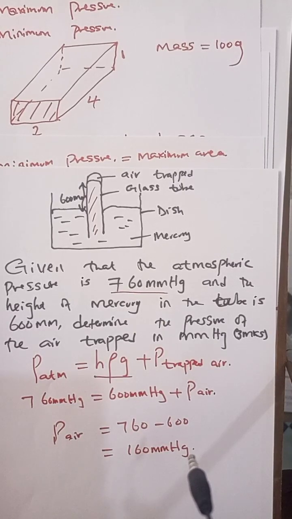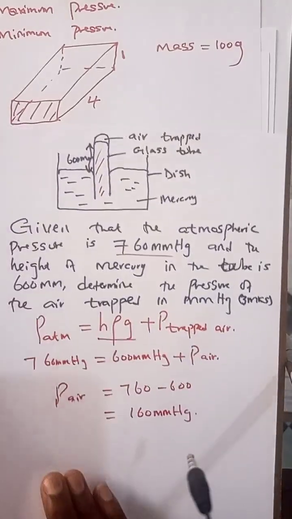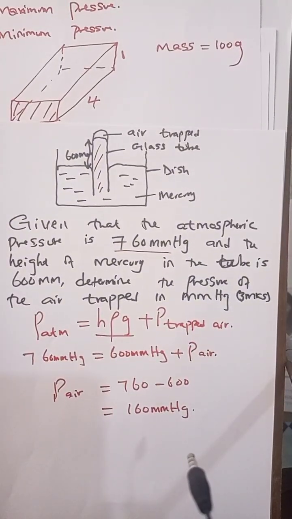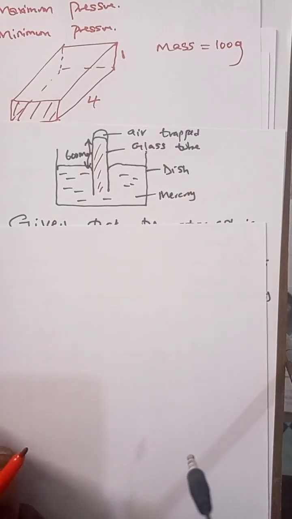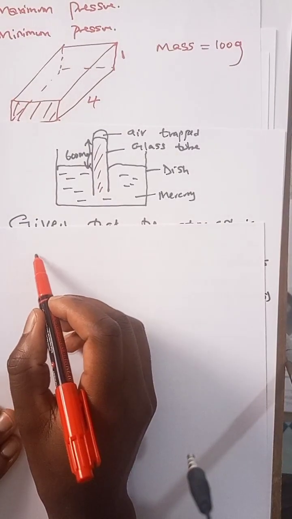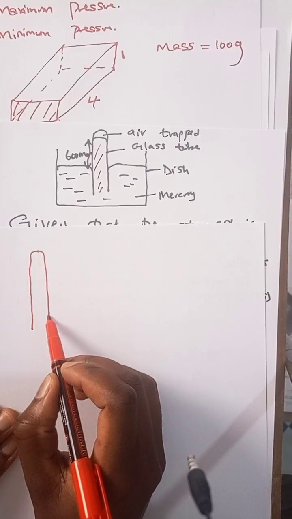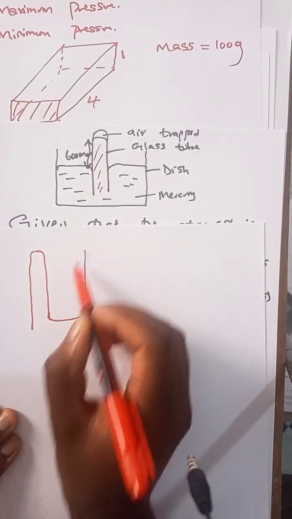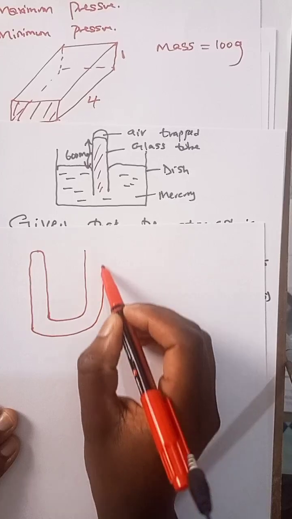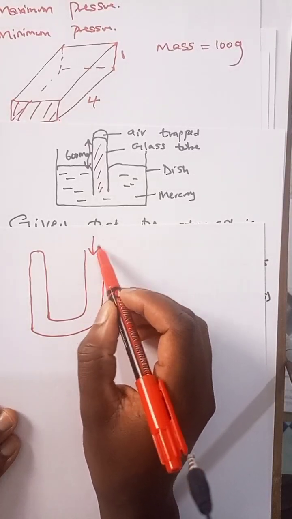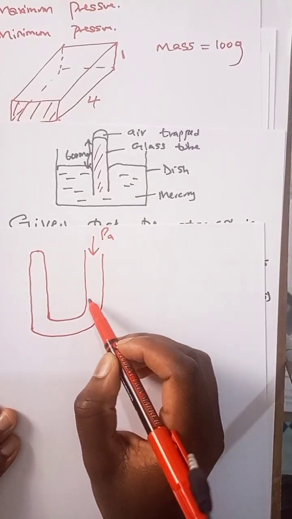Another area where we have issues is when we talk about the pressure due to the gas column, or the U-tube manometer. So a gas column is drawn, and then we have the atmospheric pressure.